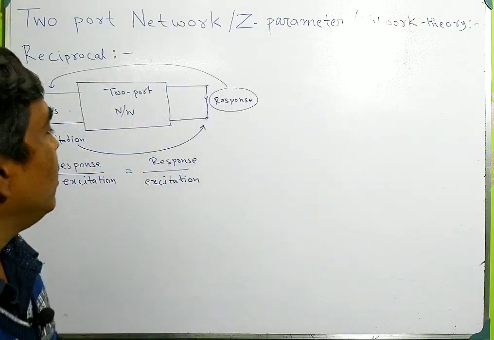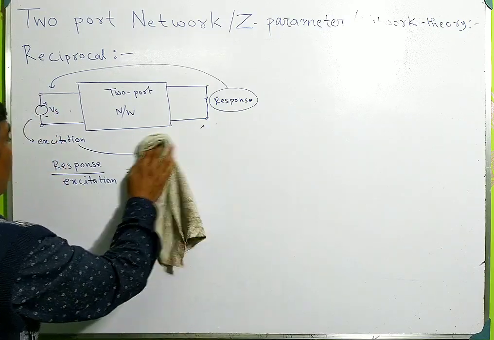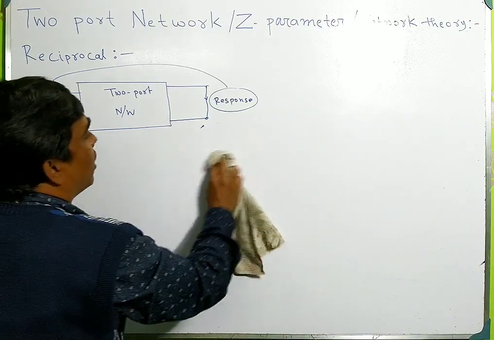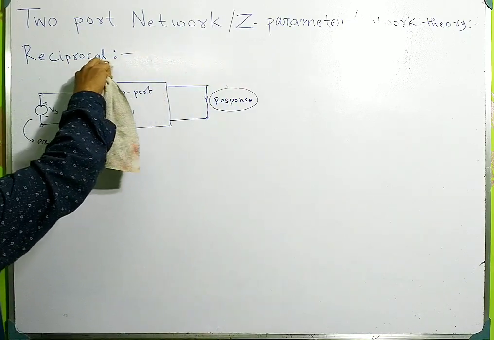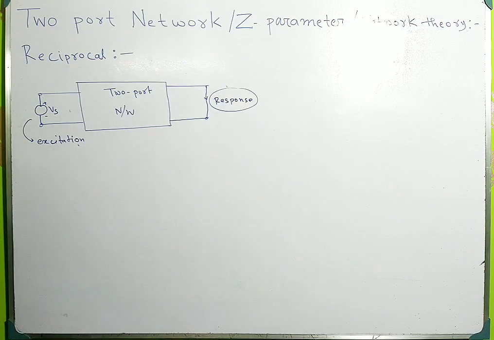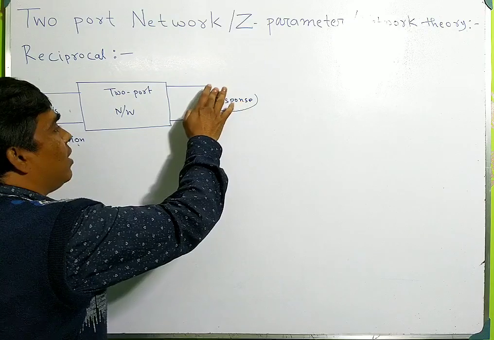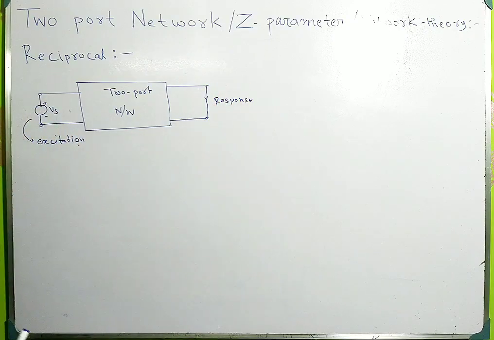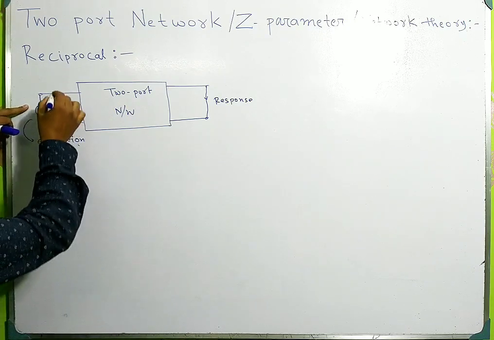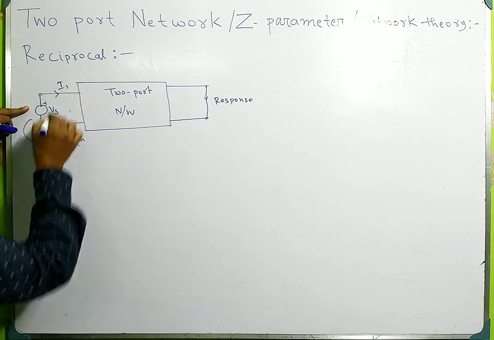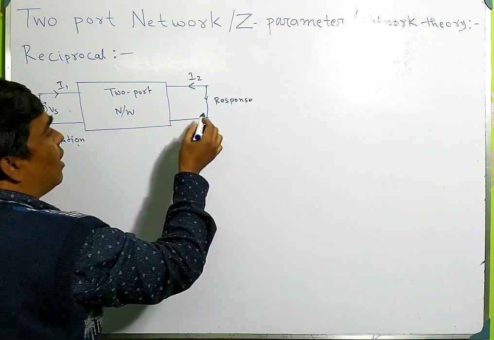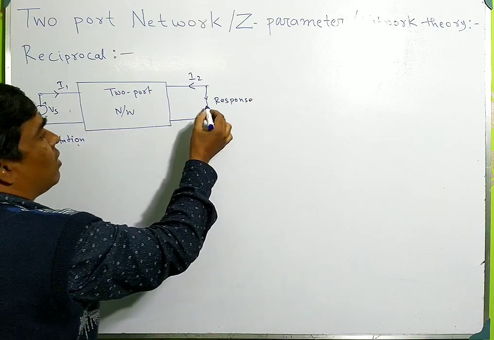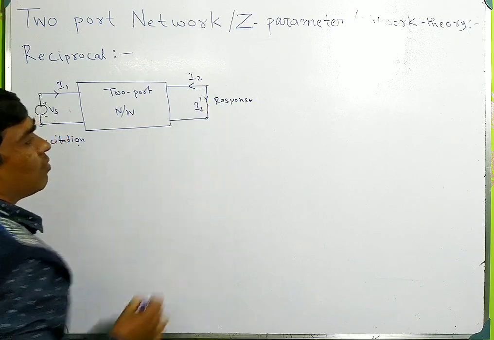Now we will deduce the formula in terms of Z parameters that a reciprocal network must hold. Suppose this is a network, and this is the excitation, and suppose this is current I1 and this is current I2, and for this excitation we get the response I2 dash.